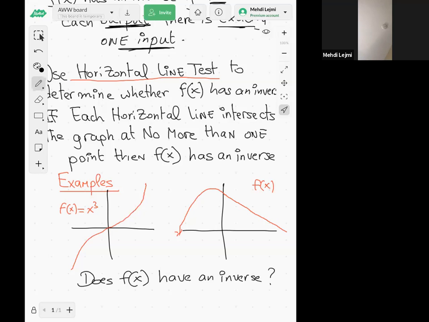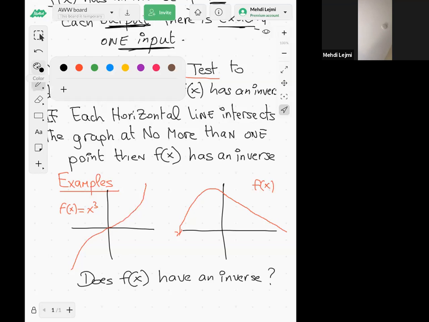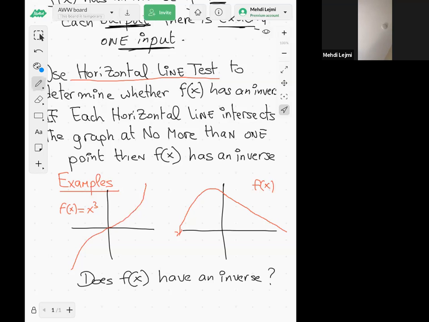If you apply the horizontal line test to the first graph, x cubed, any horizontal line is going to intersect the graph at exactly one point, no more than one point. So in this case, x cubed has an inverse.